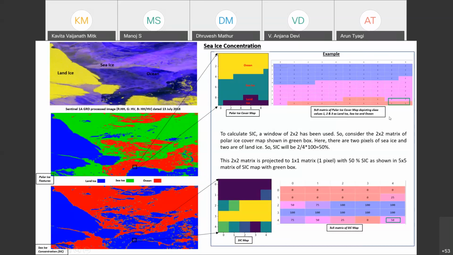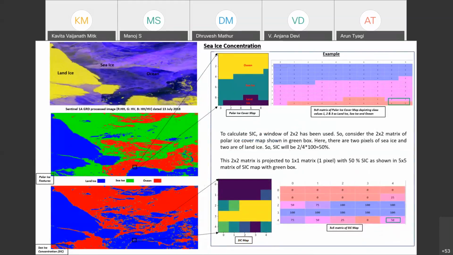We are moving a 2x2 window on this polar features map, and it will count in this 2x2 window how many pixels there are of the sea ice. You can see that in this portion, this 2 represents the sea ice. So out of 4, it is representing 2 pixels of sea ice. So the sea ice concentration will be 2 divided by 4 into 100, which is 50%. So this 2 by 2 matrix will get projected to a 1 by 1 matrix having a 50% sea ice concentration.